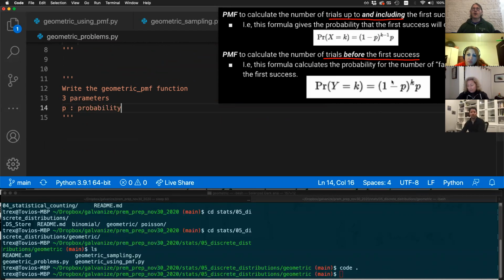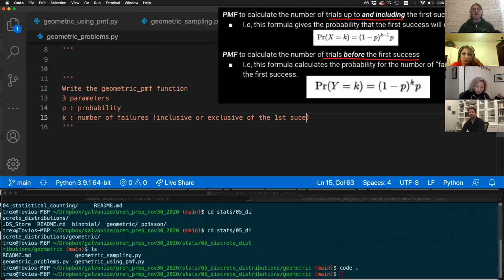So if it's a 50-50 chance, notice that it's 1 minus 0.5 raised to the number of failures, multiplied by 0.5. Fairly straightforward, easy math. K is going to be the number of failures.